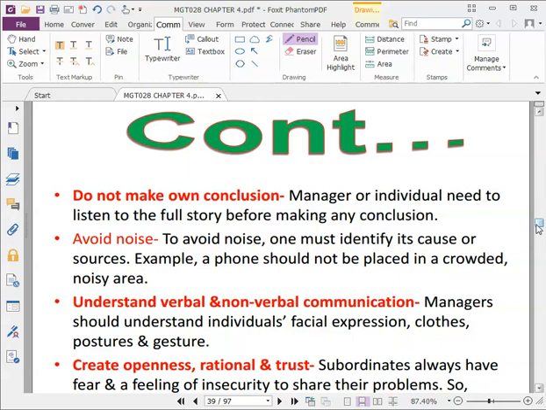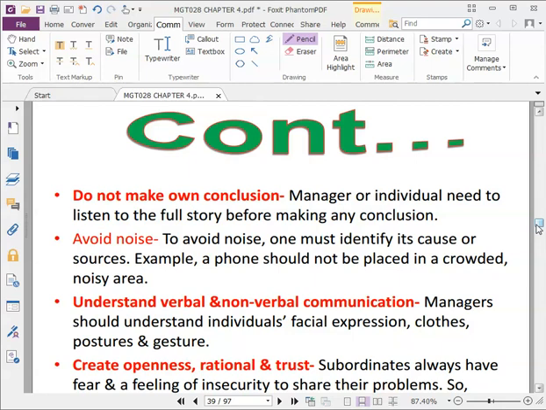Okay. Avoid noise. Okay, kalau ada gangguan ni kita kena elakkan. Okay, to avoid noise, one must identify its cause or source. Example, a phone should not be placed in a crowded, noisy area.